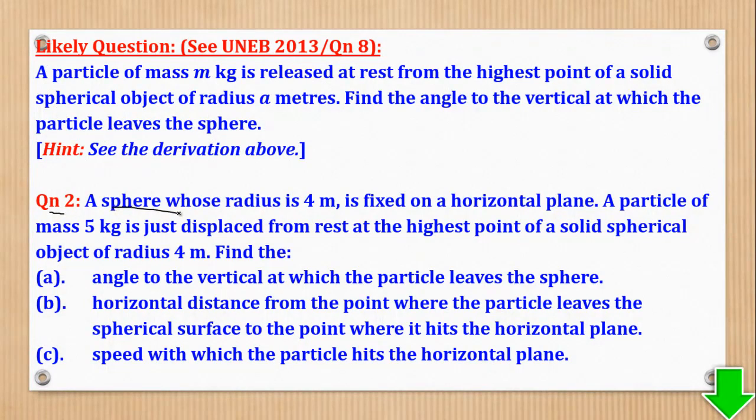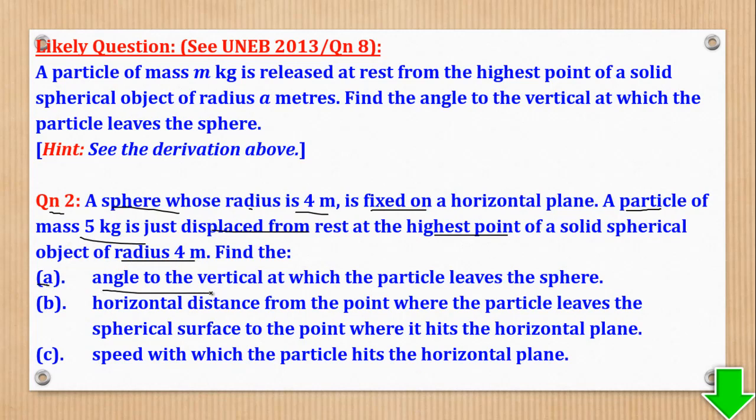Question 2 says a sphere whose radius is 4 meters is fixed on a horizontal plane. A particle of mass 5 kilograms is just displaced from rest at the highest point of a solid hemispherical object of radius 4 meters.